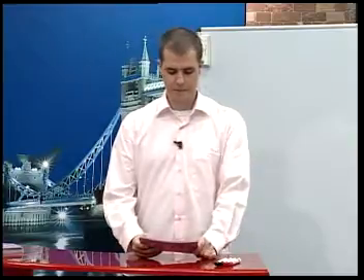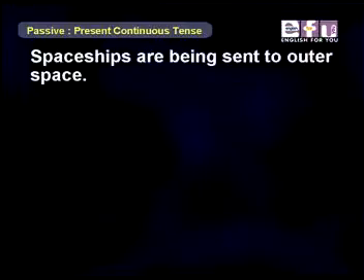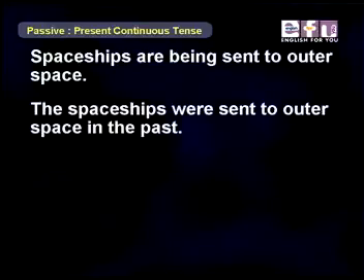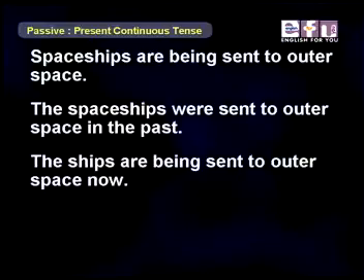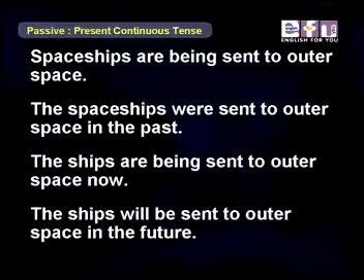For example, spaceships are being sent to outer space. The spaceships were sent to outer space in the past. The ships are being sent to outer space now, and the ships will be sent to outer space in the future.